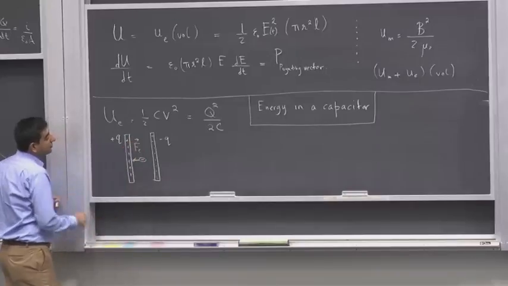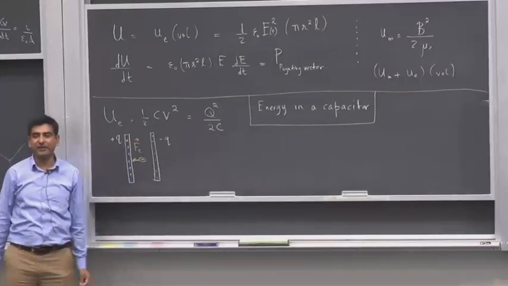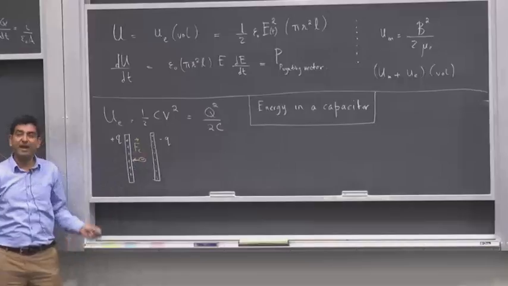But then I would like to make this charge go onto a negative plate, so I'm increasing its potential energy, so I have to do external work.